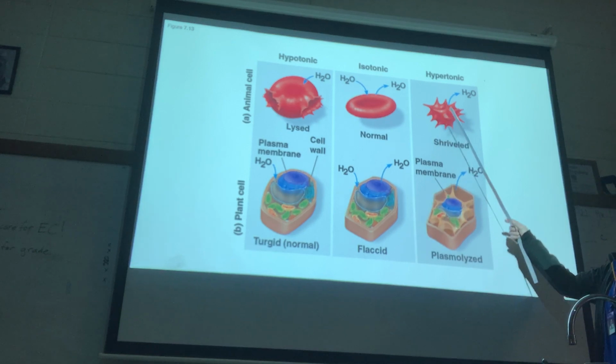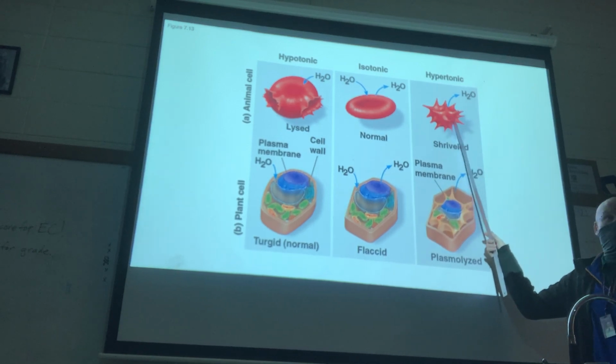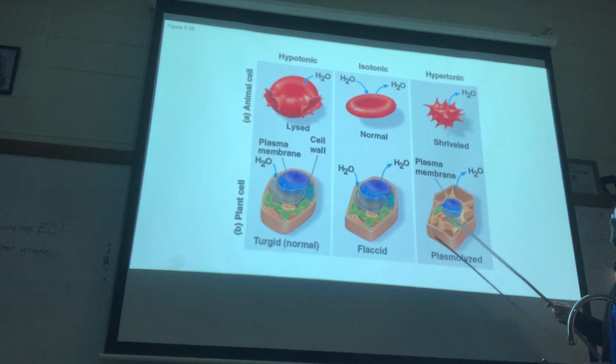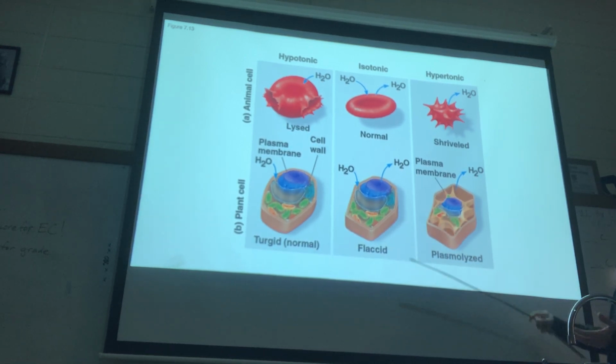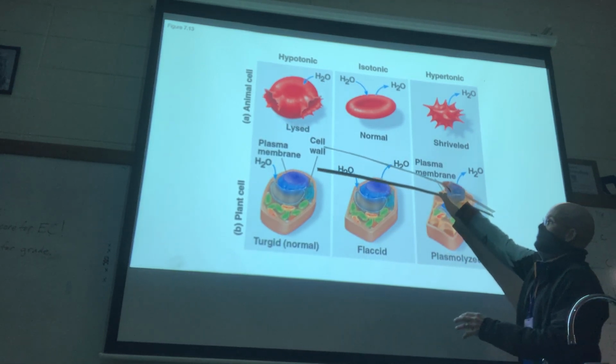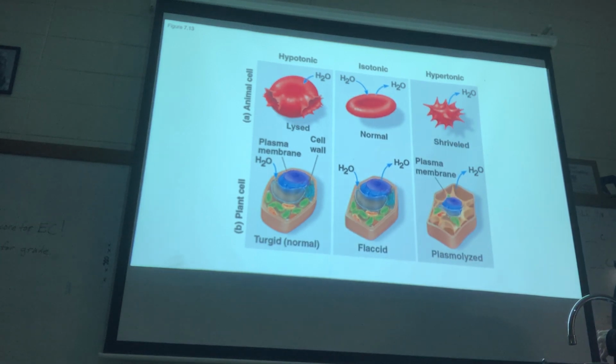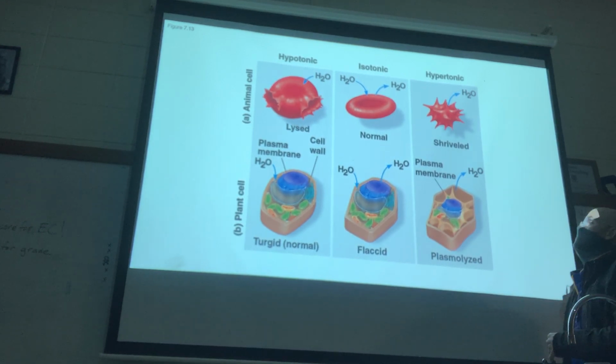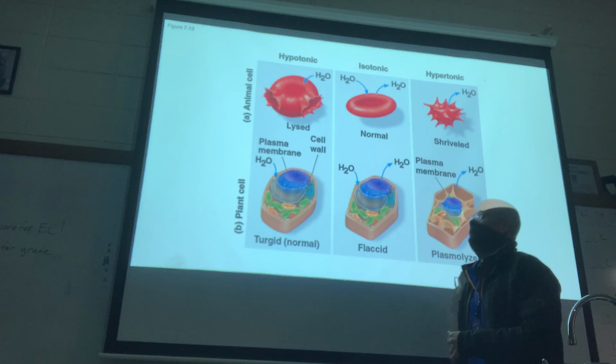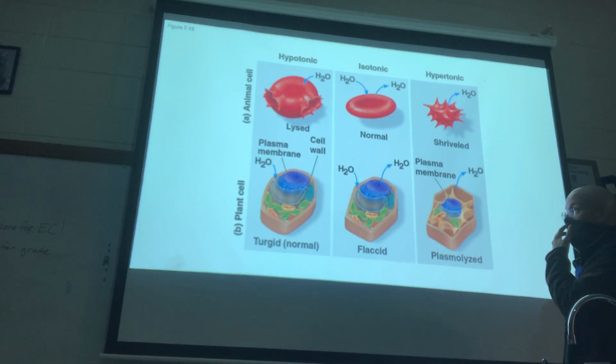Now, we have animal cells at the top, specifically red blood cells, and then some plant cell diagram at the bottom. We can really focus more on the animal cell than on the plant cell, but the same thing is happening in both.